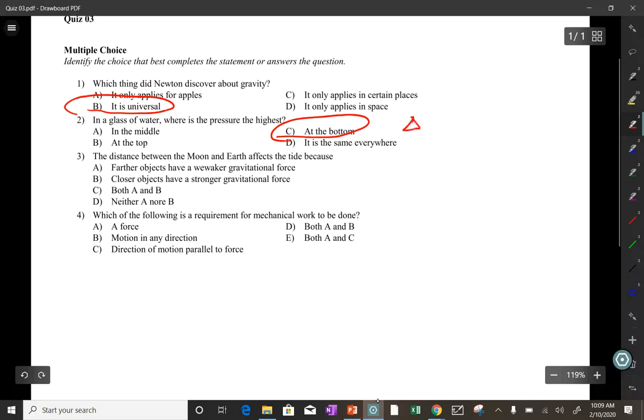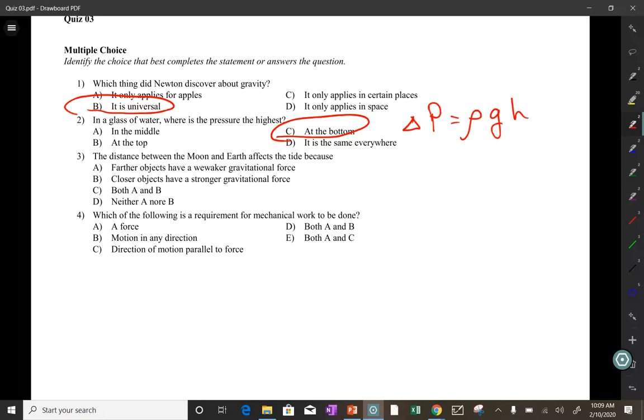Remember we have the equation pressure difference is equal to that funny character times G times H. What is that first character? Delta. That's rho. It's the Greek R. And what does it stand for?